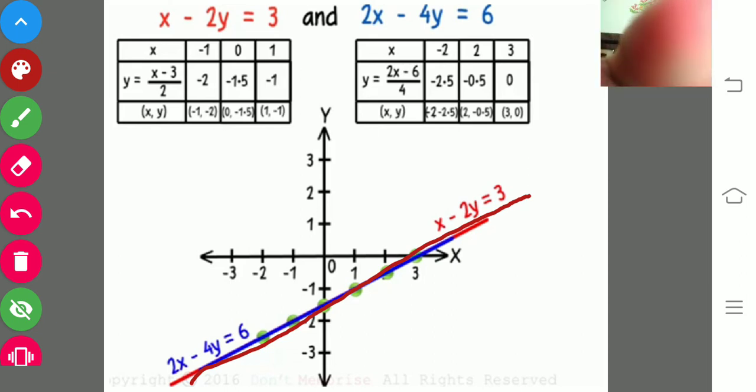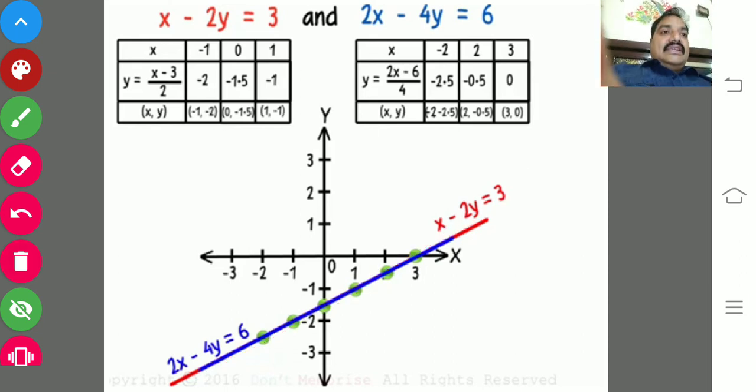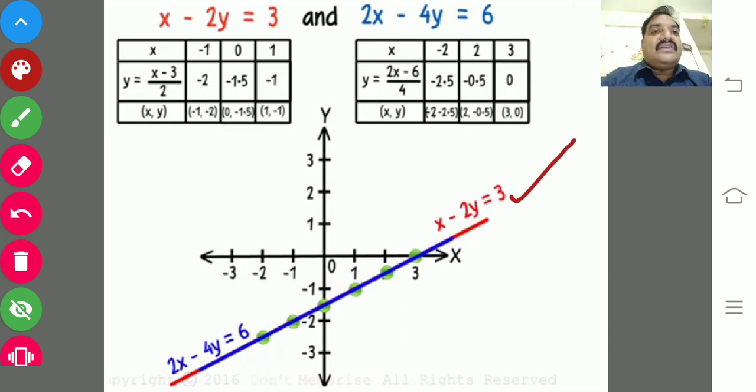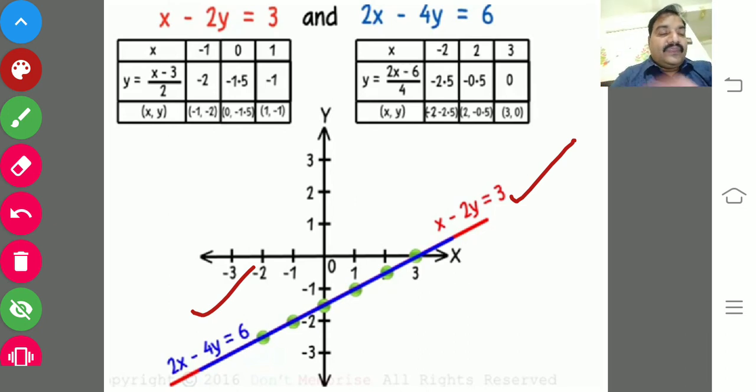So what can you identify? The 2 lines coincide. The red one is related to x minus 2y equals 3, the first linear equation, and the blue line is related to 2x minus 4y equals 6. The 2 lines coincide, and we have an infinite number of common points.